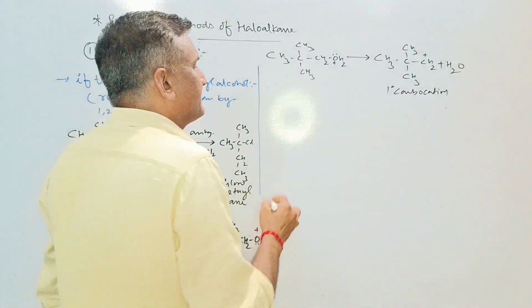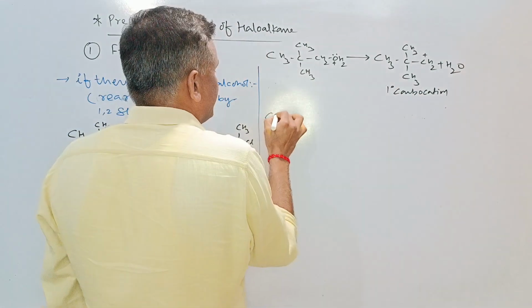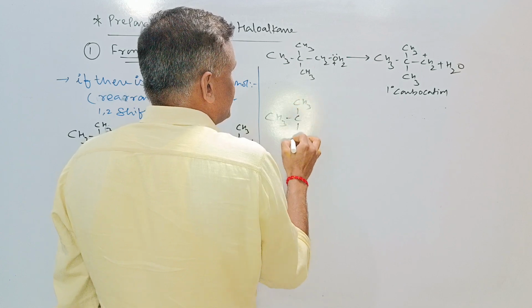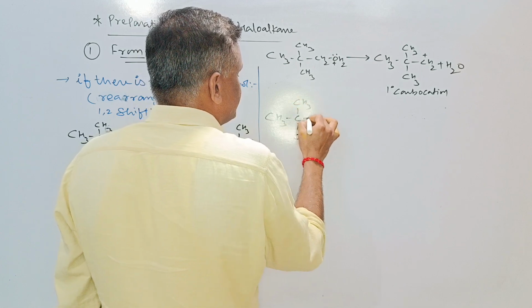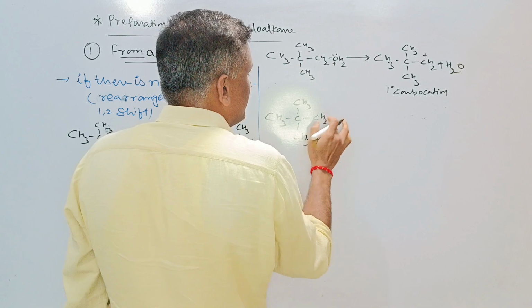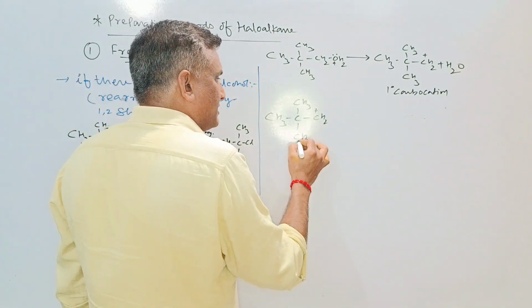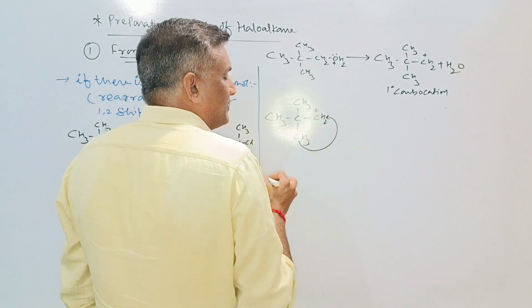So what will happen? It shows a 1-2 shift like this. This is CH3, CH3, this is CH3, and this is CH2 plus. It shifts from here to here, a 1-2 shift.